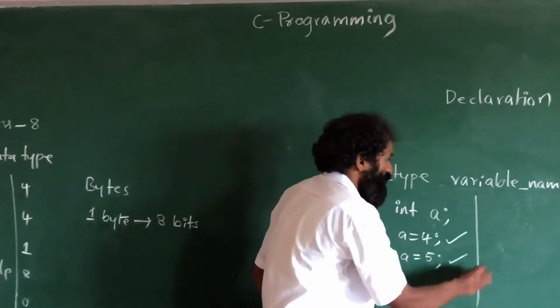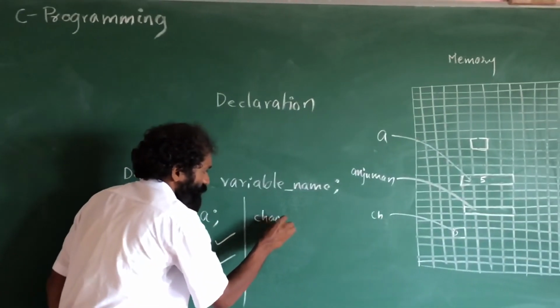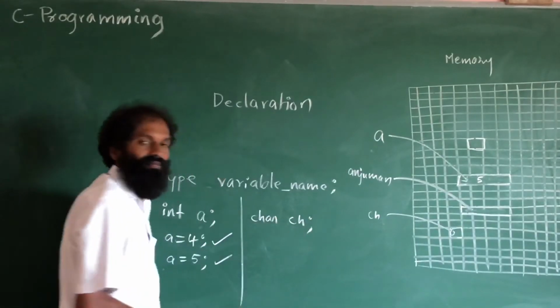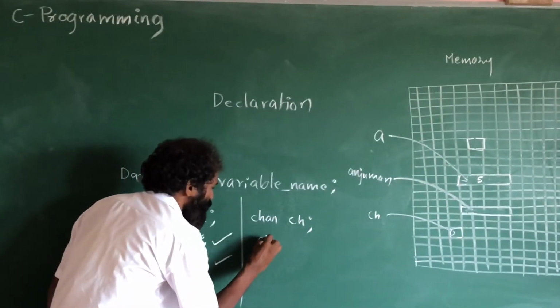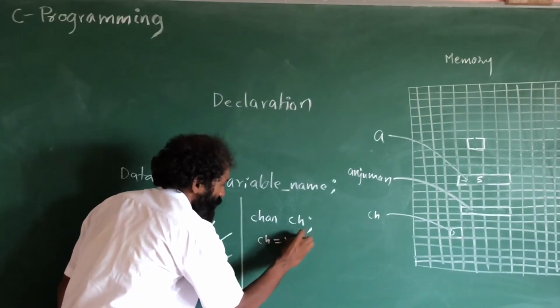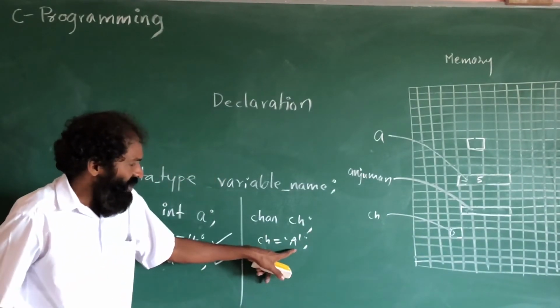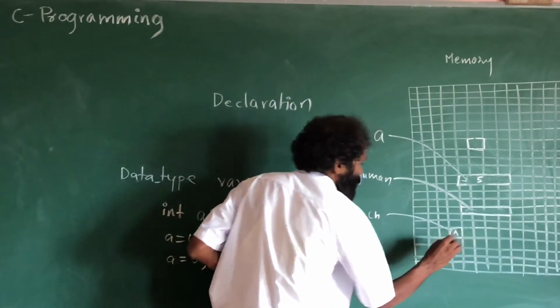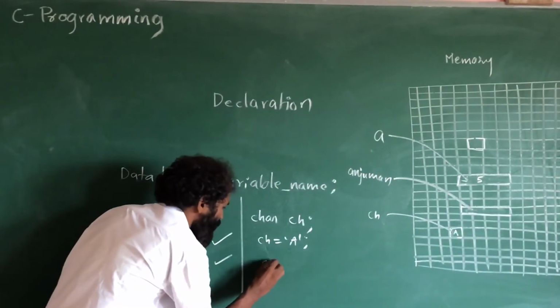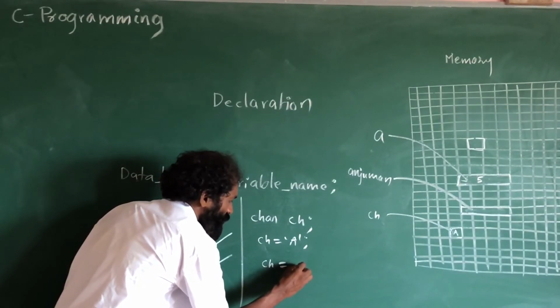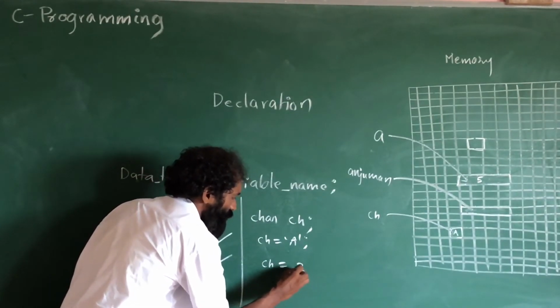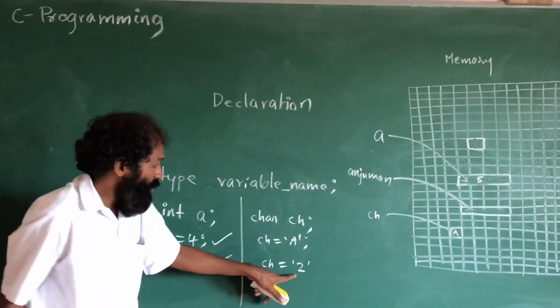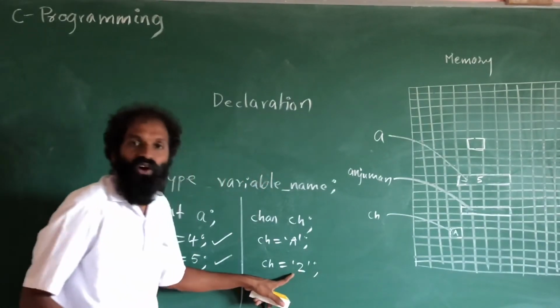Same way, with a character, something like ch. In the beginning we can store ch is equal to 'A'. Here A is a character. This A will be stored here. In the next line we can write something like 2, but this 2 is not an integer.